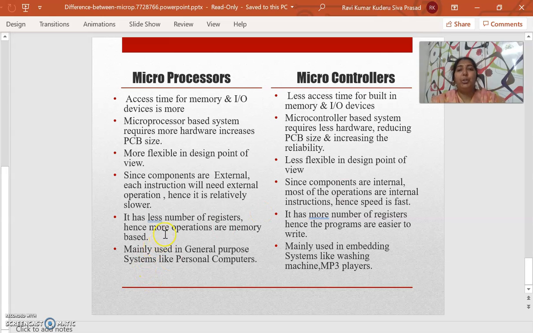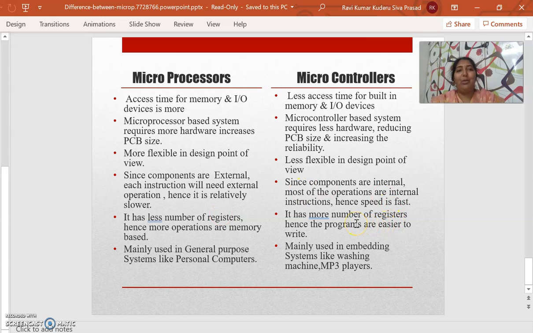Next, coming to the internal architecture, the microprocessor contains fewer registers. Because of this feature, more of the operations must be done based on the memories. Remember that whenever there are memory operations or memory transfers, the programming can be difficult and it requires more time to execute those instructions.